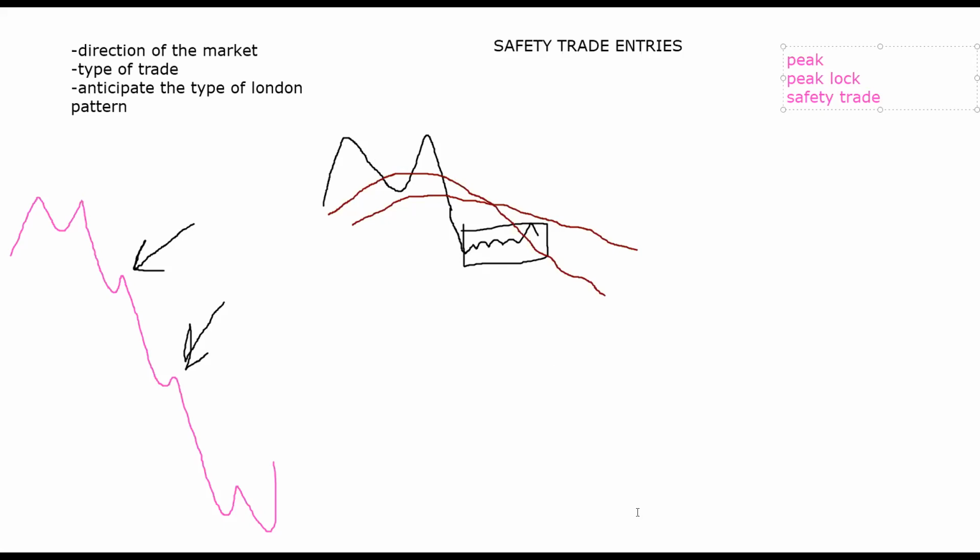A peak lock is a crossover of EMA 50 and 200. So you can see that what I'm talking about here is largely dependent on the 15-minute time frame. When I talked about London patterns, I spoke of the 15-minute time frame.